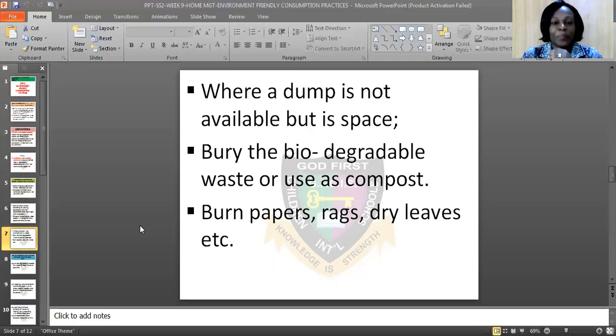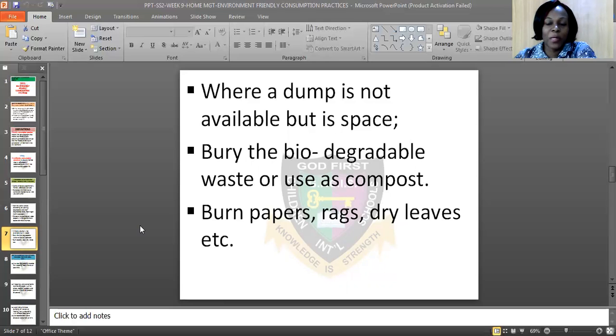Is that taken? Okay. Another point is that you have to burn the papers, rags, and dry leaves. Very important. That is why it is important for you to sort them according to type. If it is nylon, you put them at one side.